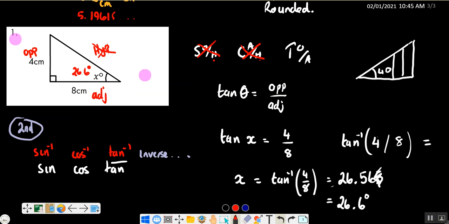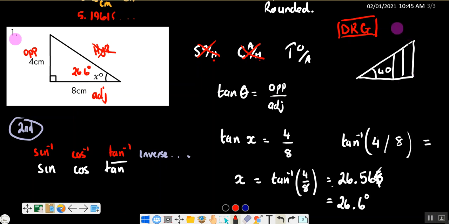Now, on your calculator, guys, let me just do one thing. I don't know whether you've done this before. You have a DRG button at the top of your calculator. Alright? DRG. Have you ever experienced what happens if you press the button? What happens?